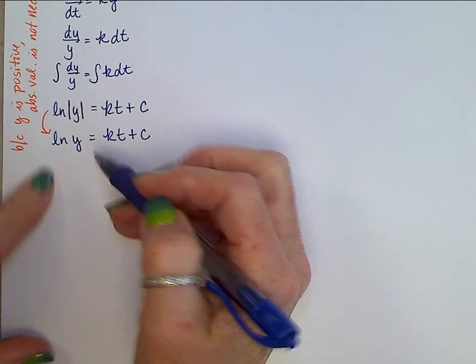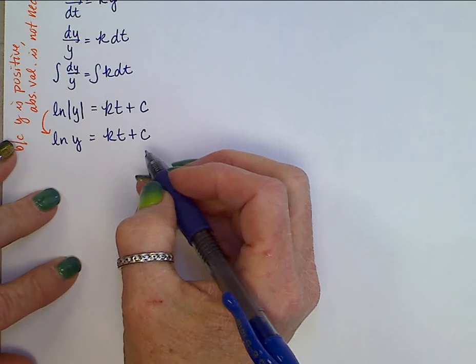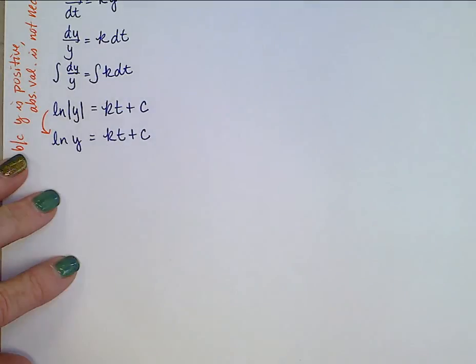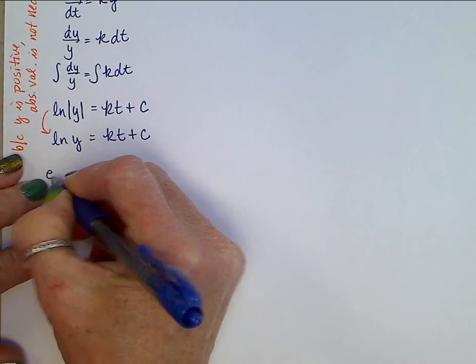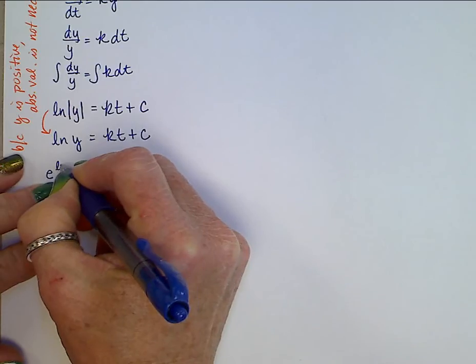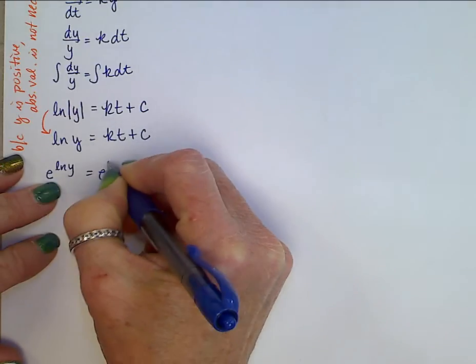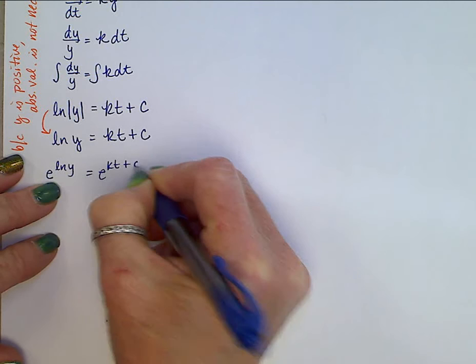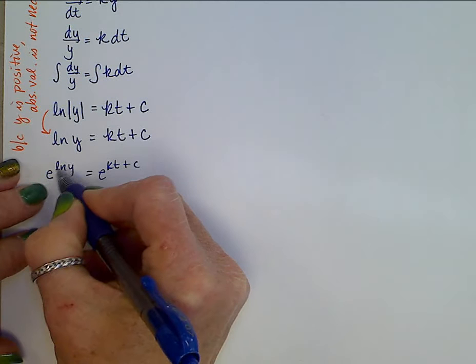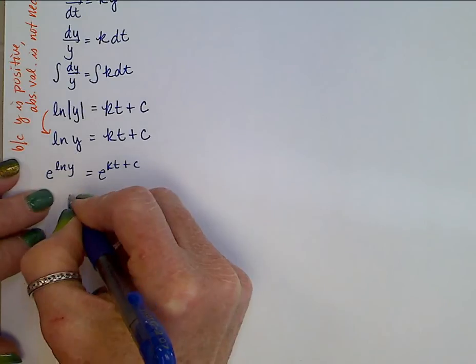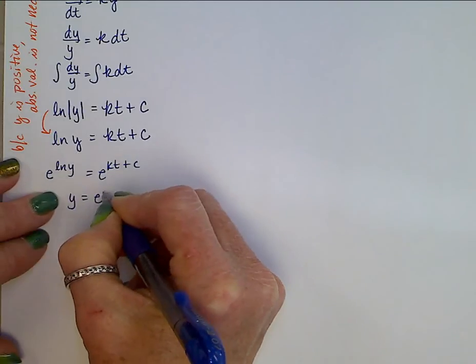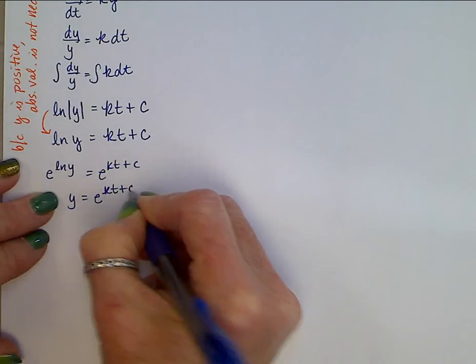Couple ways that you may have been taught to do this. Some of you may have been taught to, when you have this natural log, raise e to both sides. And then the e and the ln, because they're inverses of each other, take each other out. And we have y equals e to the kt plus c.